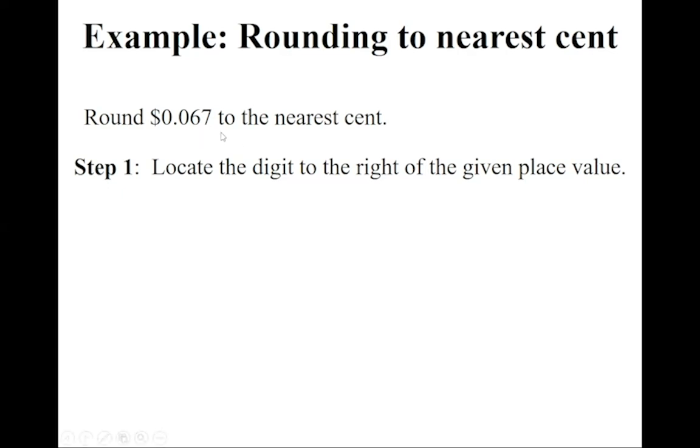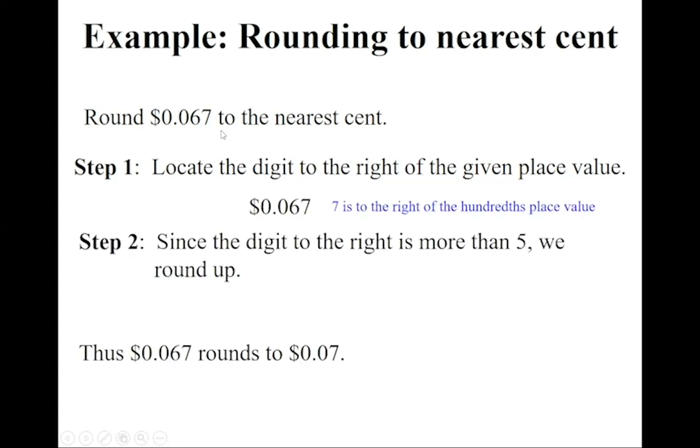The digit to the right would be a 7. That is 5 or greater, so we round up. The 6 becomes a 7. And then the 7 is dropped. So $0.067 rounds to 7 cents, or $0.07.